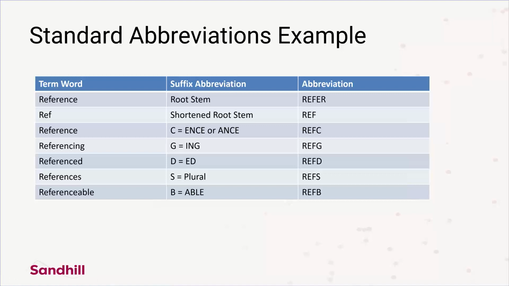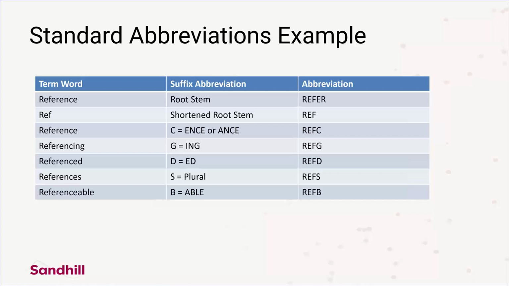So when we start looking at standard abbreviations, this is what's called the root stemming method of abbreviating, where you take a word such as reference, you find its root stem, which you could find in the dictionary, and it is refer. Then you shorten that by removing some of the vowels. So you leave one vowel in and you take the other two letters off. You end up with ref. And then you can use various endings, because a word will have different variations depending on how you're using it.